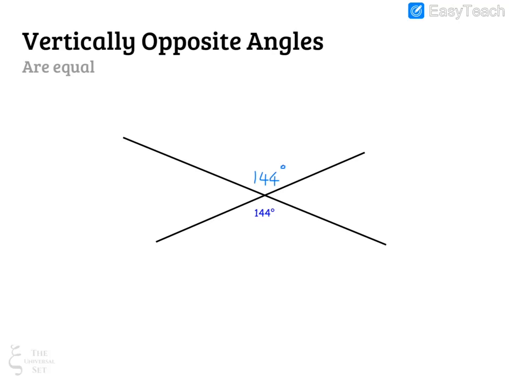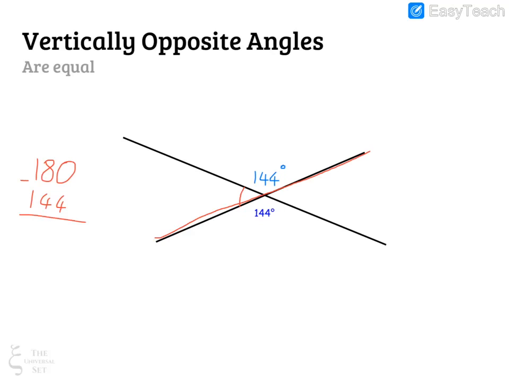But since these crossing points are made up of straight lines, we can also work out what these other parts are. Let's look in particular at this straight line, where we've got 144 degrees on the top there. To make a whole straight line, that's 180, we can work out what that bit's got to be. We've got so far 144, so we can take that away and see what we get.